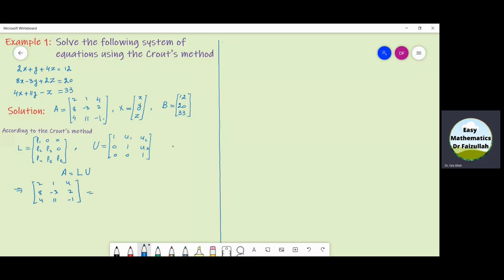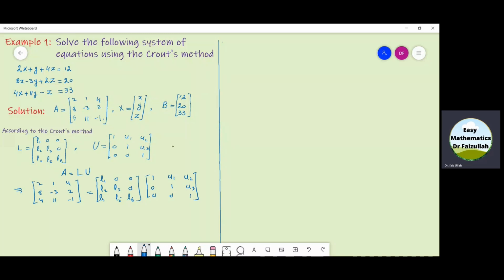And now let us put the values of L, which is L1, 0, 0; L2, L3, 0; L4, L5, L6. And the values of U, we can write 1, U1, U2; 0, 1, U3; 0, 0, 1.